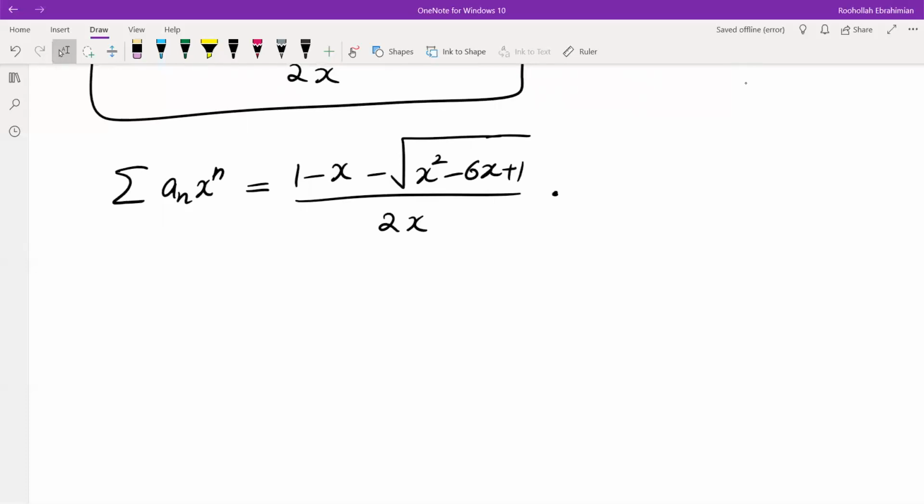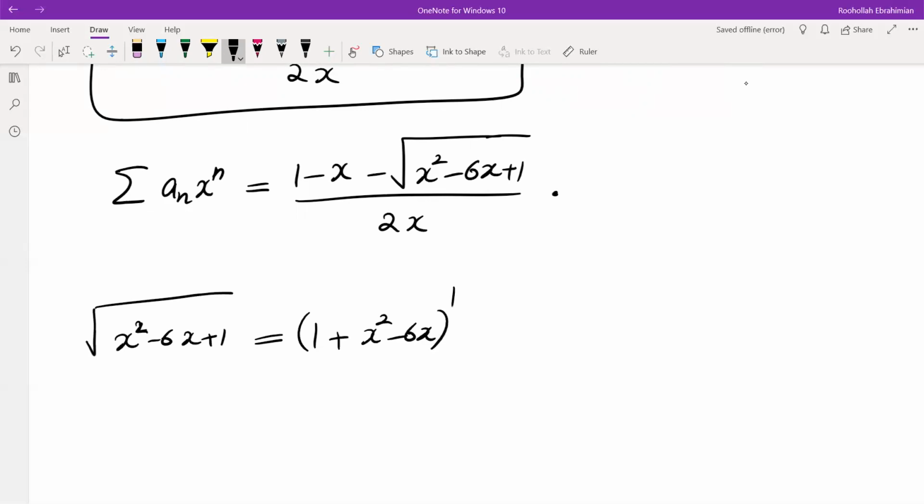That is not very difficult to see, given that if you look at the square root, we do have the binomial theorem for that. So if you take 1 plus x squared minus 6x to the power of 1/2, the binomial theorem tells us that this is the sum over n equals 0 to infinity of 1/2 choose n times x squared minus 6x to the power of n.